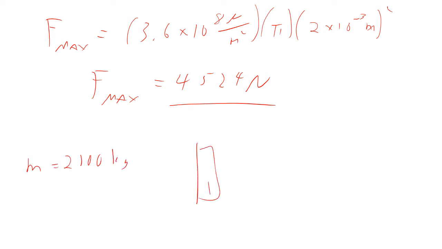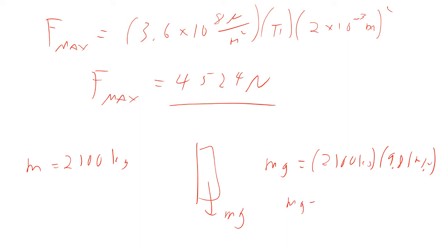So as it's hanging on the wall, the force of gravity is mg. So mg is going to be 2,100 kilograms times 9.81 meters per second squared. So mg is going to be equal to 20,600, or we could round that since this is really only two significant digits here.